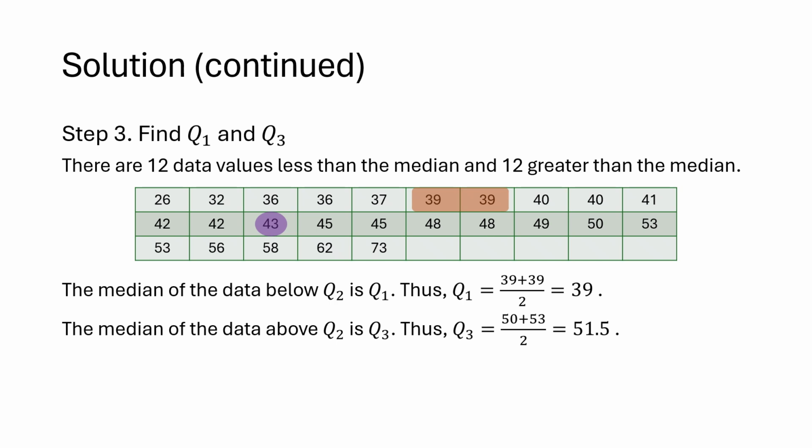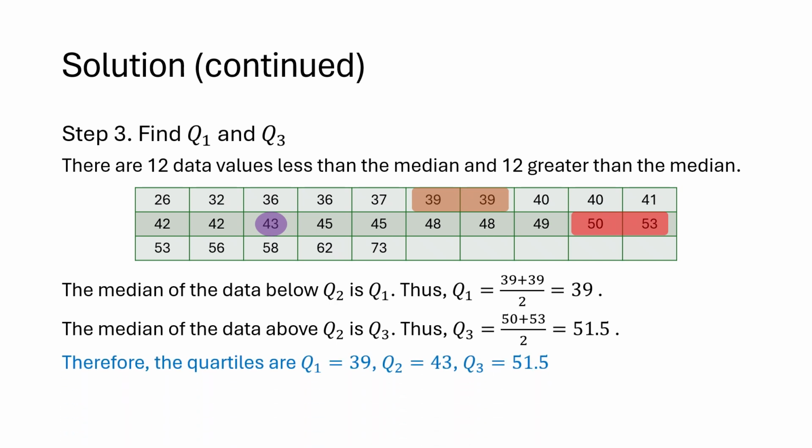Since there are also 12 values above Q sub 2, again, it is the average of the 6th and 7th values. So our Q sub 3 is 51.5. Therefore, our quartiles are Q sub 1 equals 39, Q sub 2 equals 43, and Q sub 3 equals 51.5.